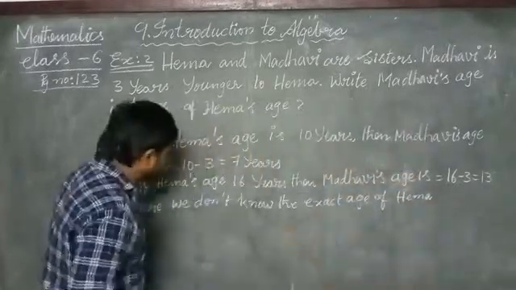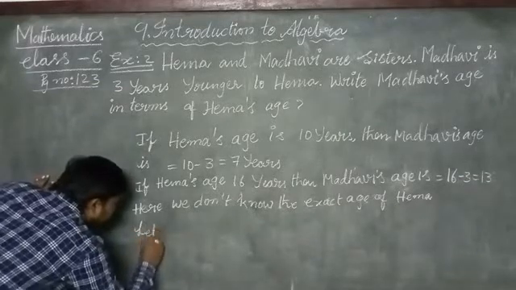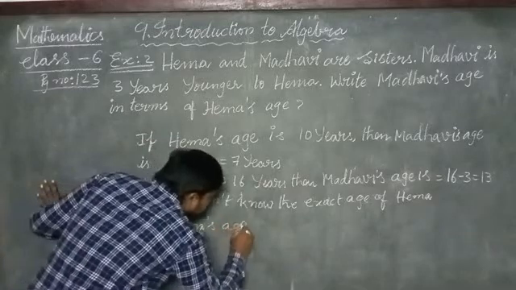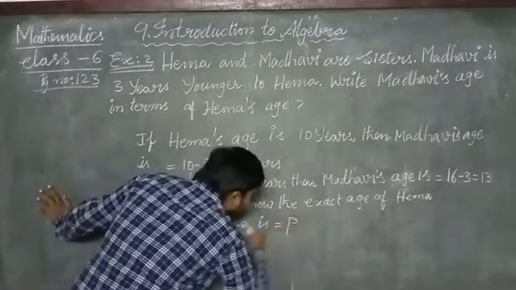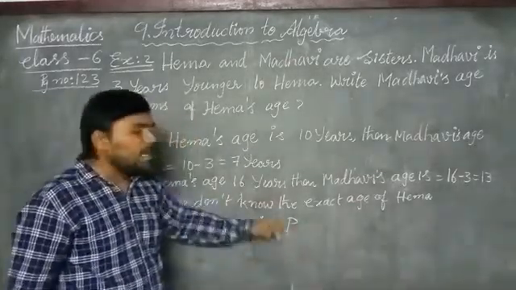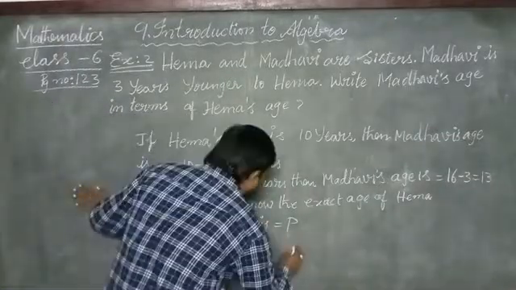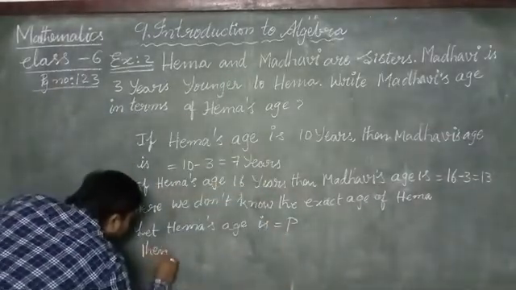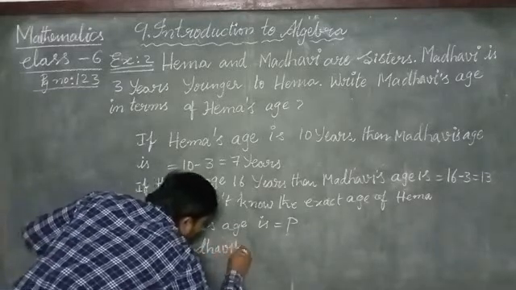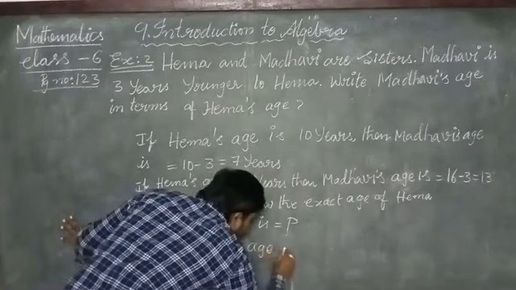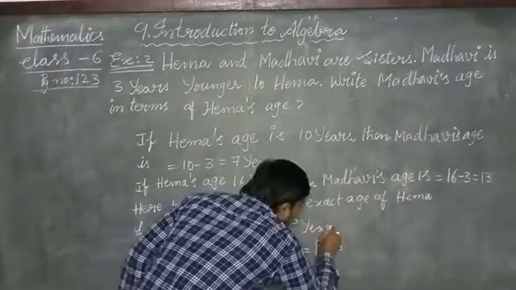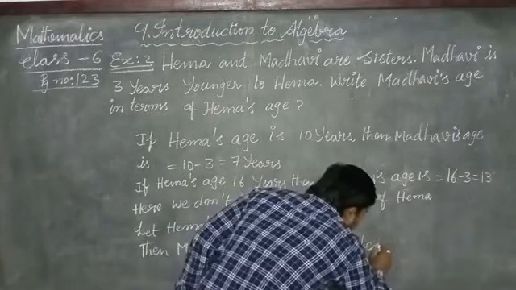So, let Hema's age be P. Okay, let us assume that Hema's age is P. Then, if Hema's age is P, then Madhavi's age is P minus 3 years. If Hema's age is P years, then Madhavi's age is P minus 3 years.